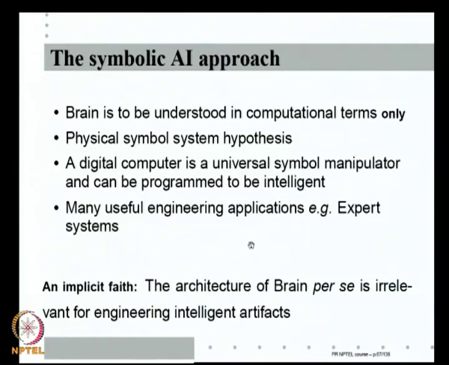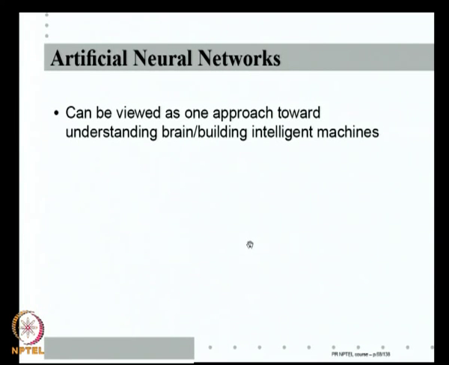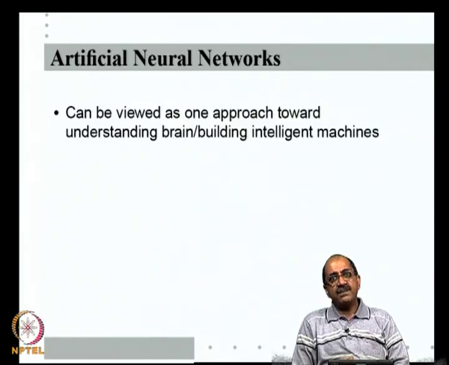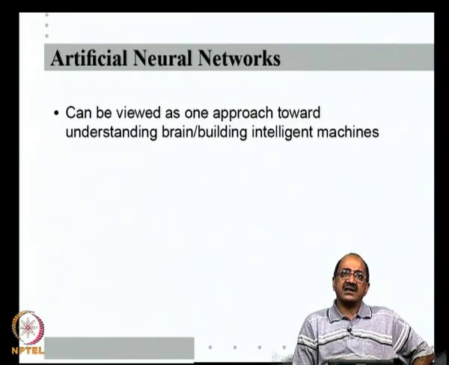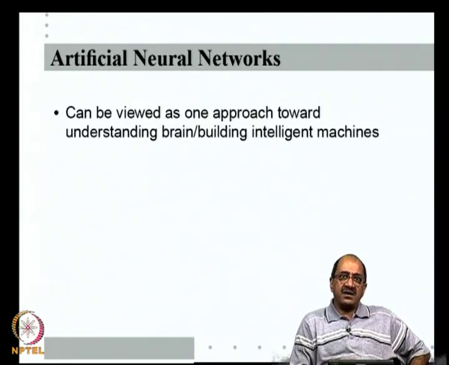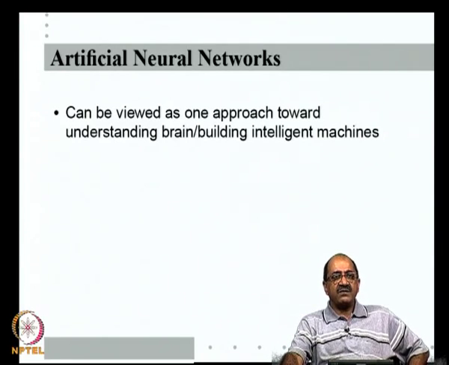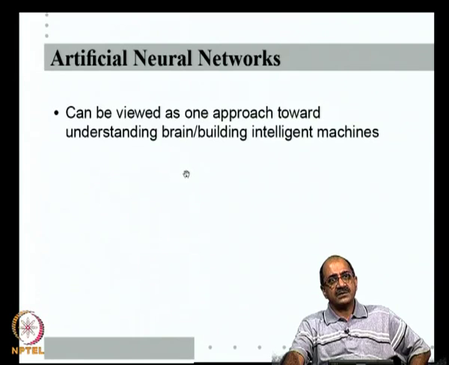This is one approach. The other approach, which we are more interested in, is the artificial neural network approach, another approach towards understanding the brain or building intelligent machines, characterized by mimicking the brain at an architecture level and trying to see, within that architecture, can we think of some simple learning algorithms which will allow us to solve some problems.